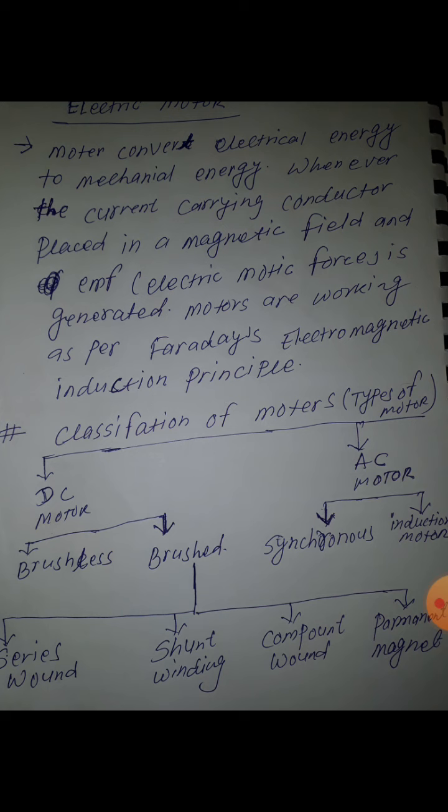Name plate: the most important part of the motor is the name plate. The name plate has all the details of the motor: which company made it, how many kilowatts and HP, the power factor, every detail is given on the name plate.